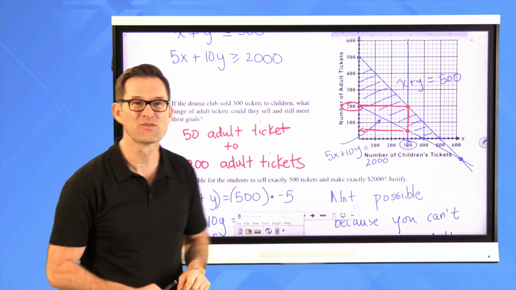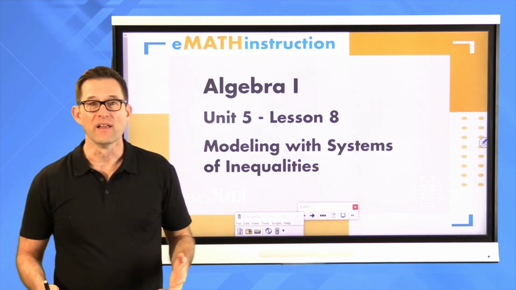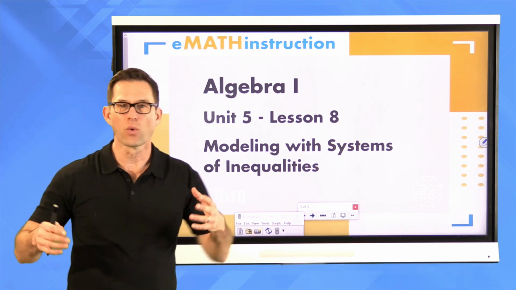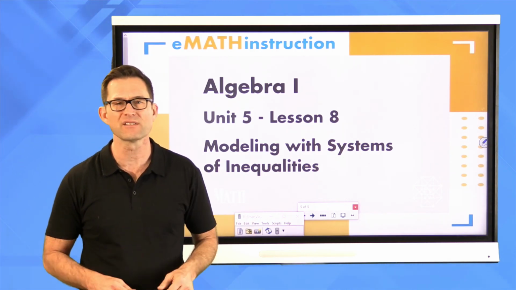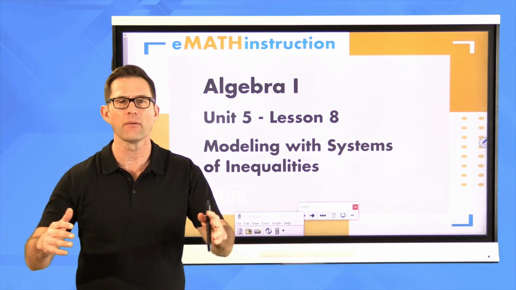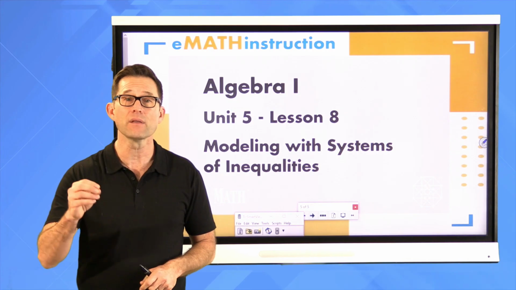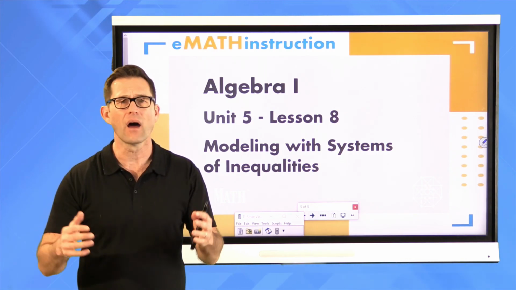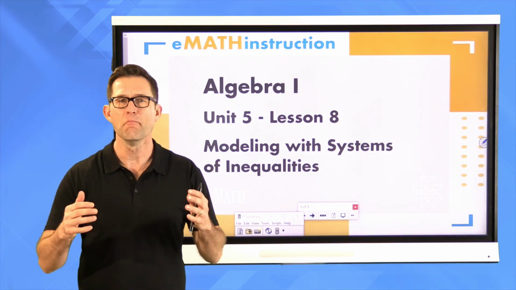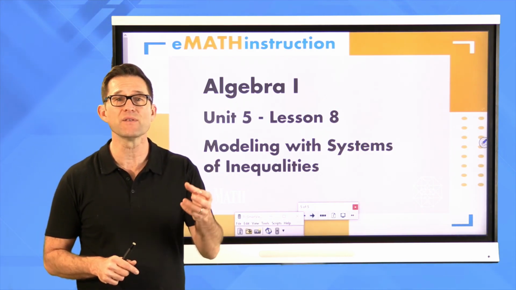All right, let's wrap this up. This is a challenging lesson. We had to sort through all sorts of words and constraints, and then we had to graph systems of inequalities and look at viable regions. That can be very difficult, and yet it is amazing in the real world how many situations in economics, engineering, medicine, all sorts of things can be modeled by systems of inequalities.